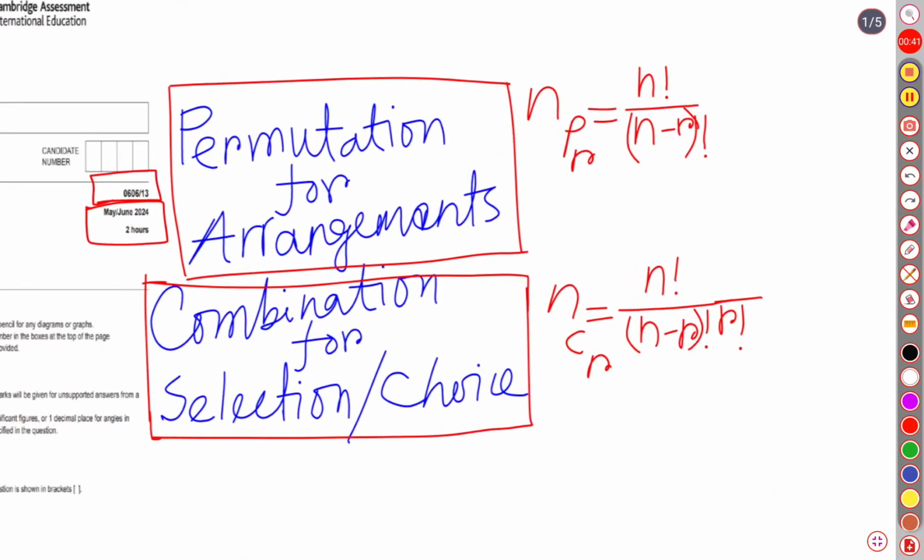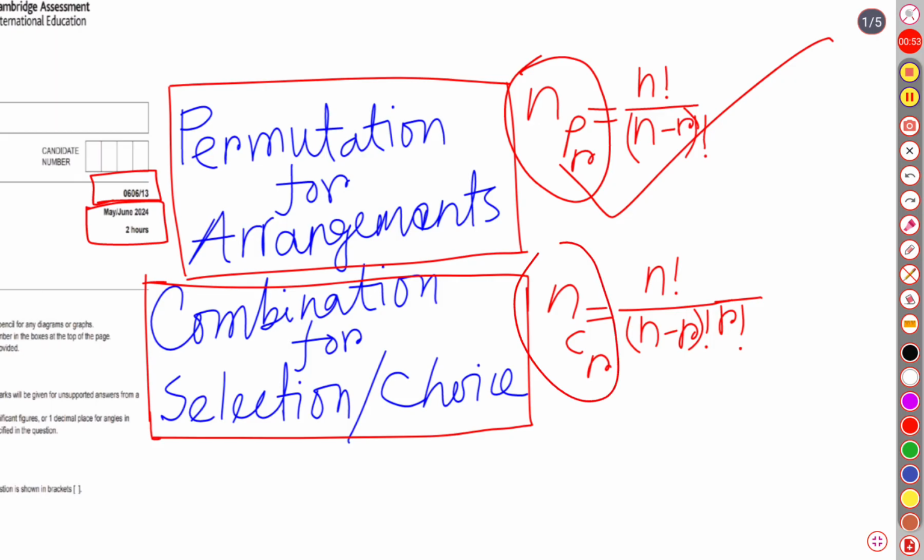The permutation notation is this one. Permutation is written as nPr, whereas combination is written as nCr, which is sometimes told as n choose r. P is for permutation and C is for combination.